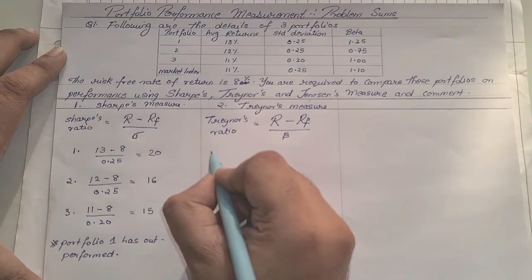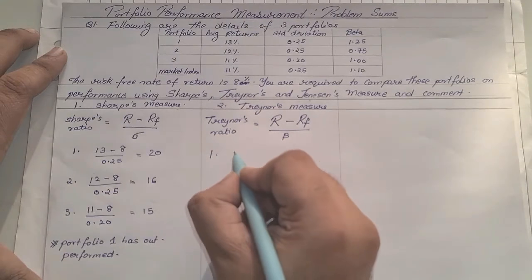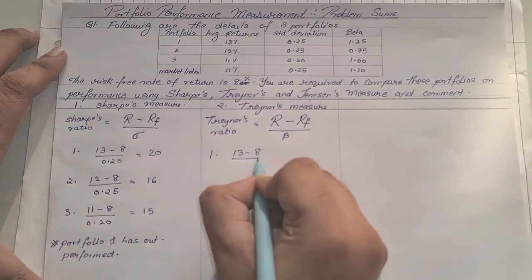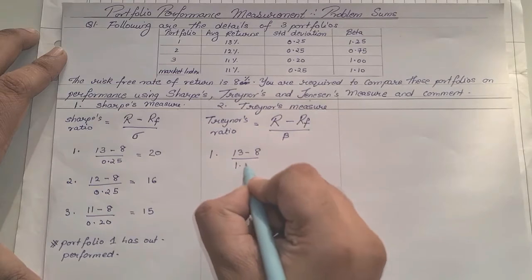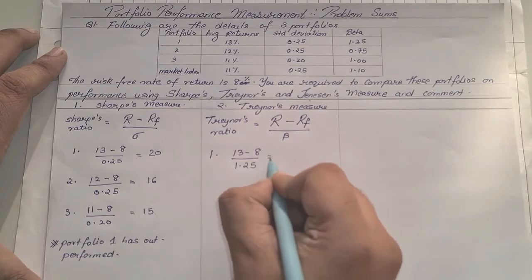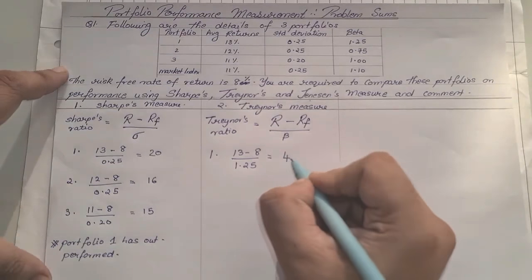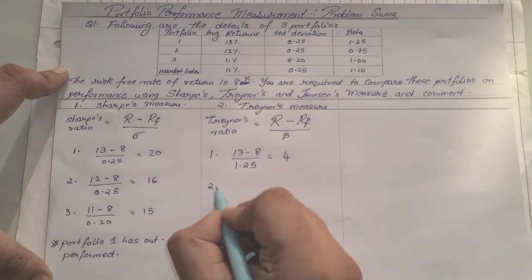So for the first portfolio it will be average return, that is 13 minus 8 divided by the beta, that is 1.25. So when you minus and divide, you will get the answer as 4. Now same way for the second one.